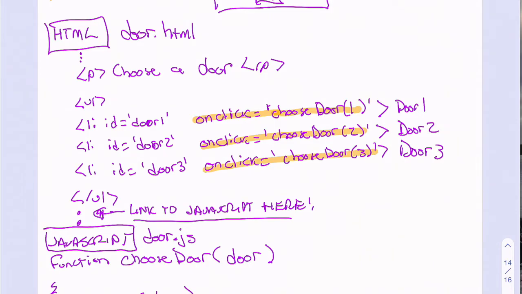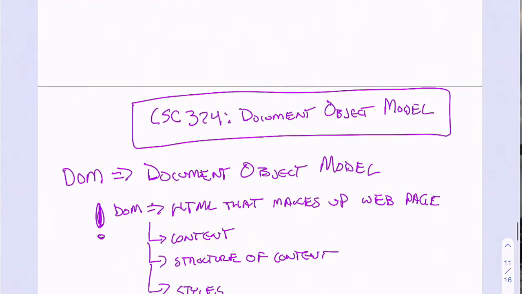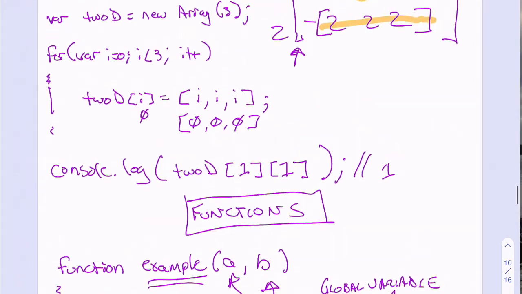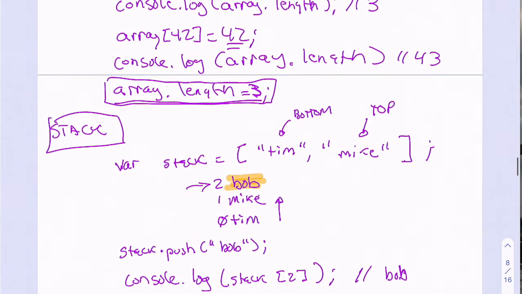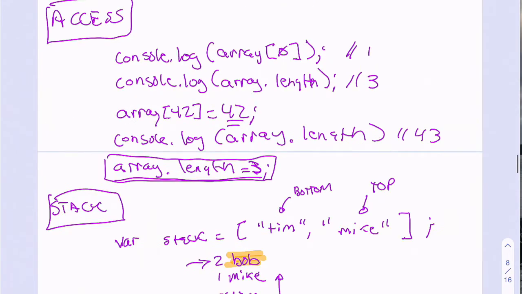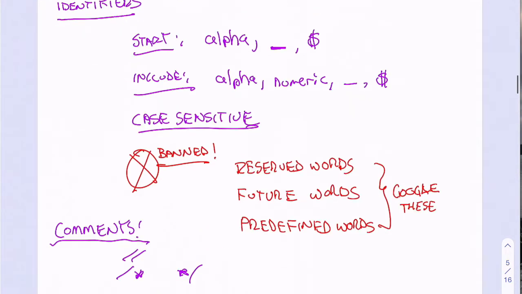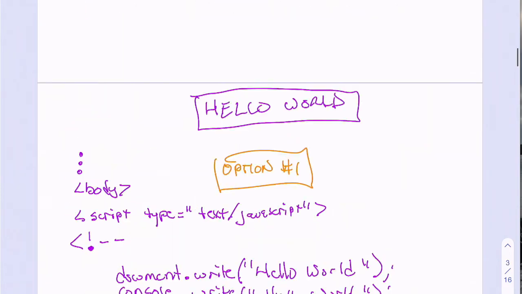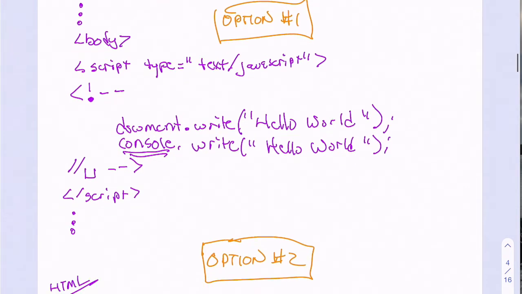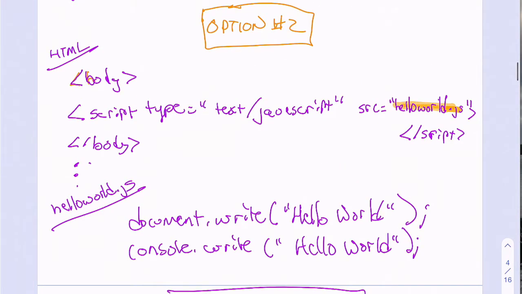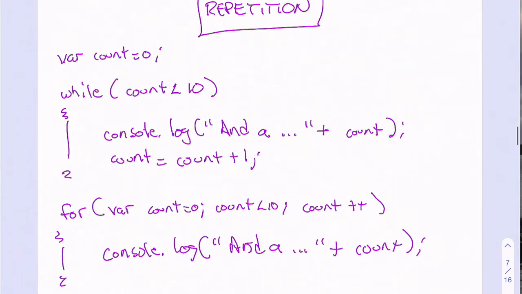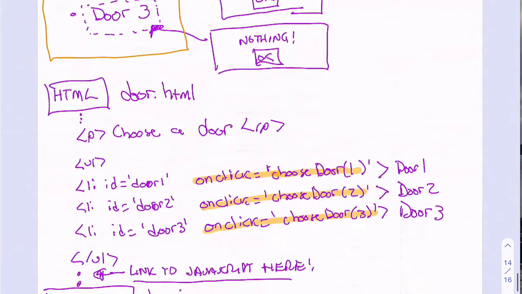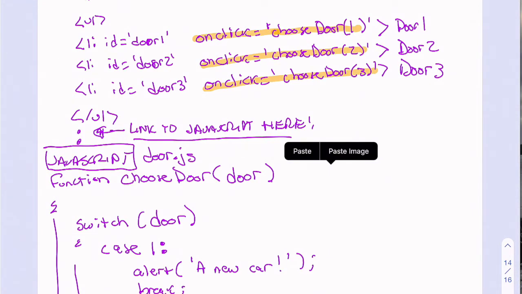Link to JavaScript here. So let's go back through the notes that we've done here. I'm just trying to get the exact syntax of doing the link. Okay, so what we would do is we would have something that looked like this. I'm going to grab this, copy, and we'll go all the way back down here to our code, and we'll paste.